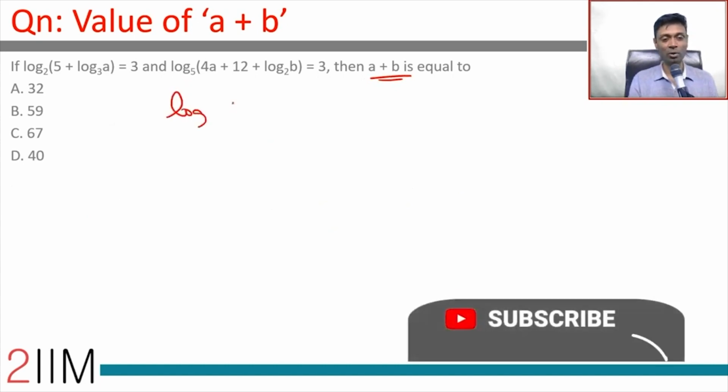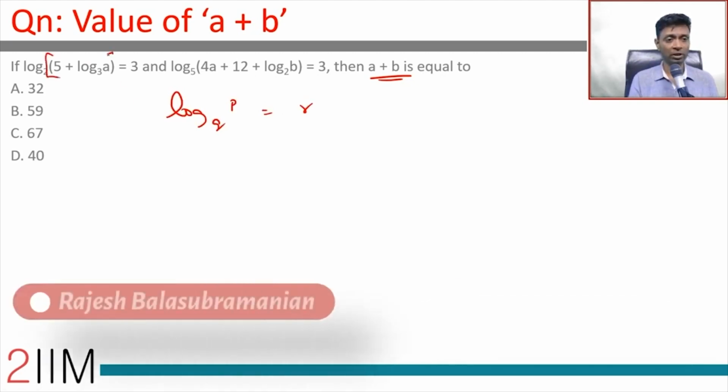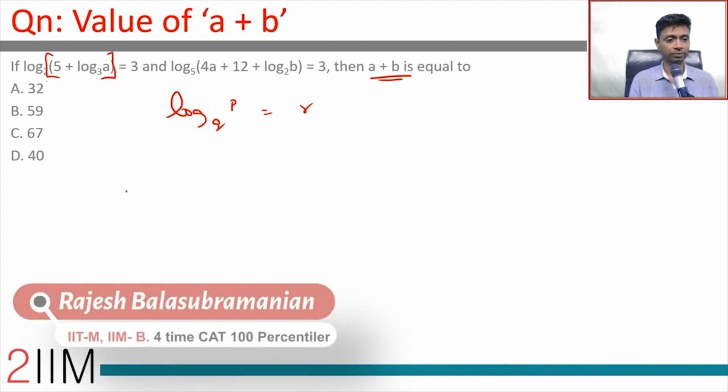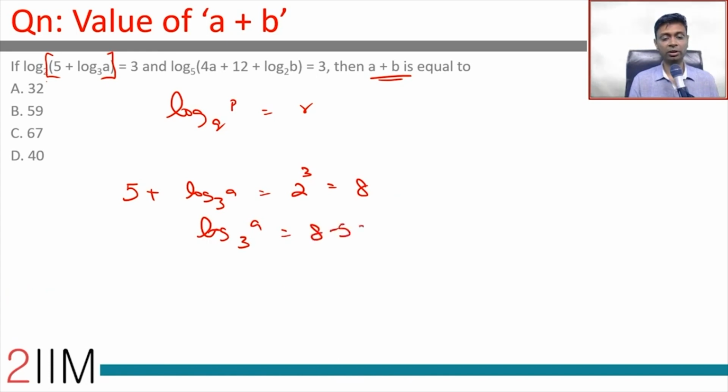We need to know that log p to the base q is r. Log of something to the base 2 is 3, or that something is 2 cube, which is 8, or log a to the base 3 is 8 minus 5, which is 3, or a is 3 into 3, which is 27.